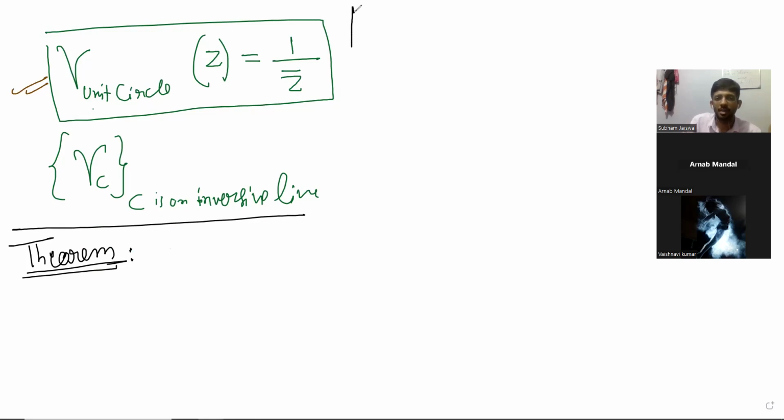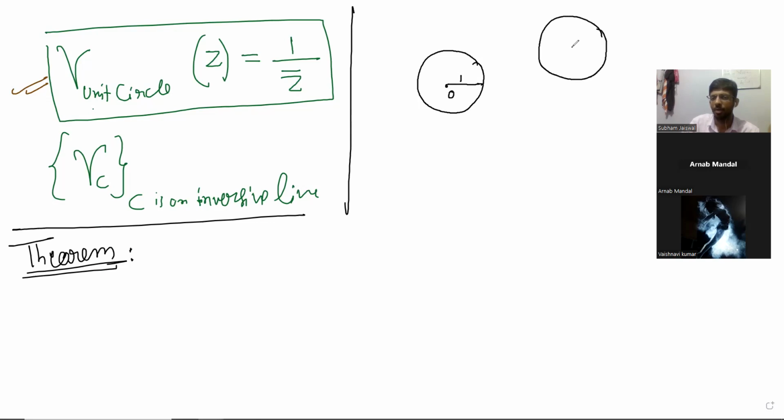Maybe I can first explain it in the picture. So suppose you have the unit circle, your good circle, the unit circle. Now things are becoming a little easier. First they were not easy. You have the unit circle, and then you have some other random circle about which you can do inversion, but maybe you won't like to.